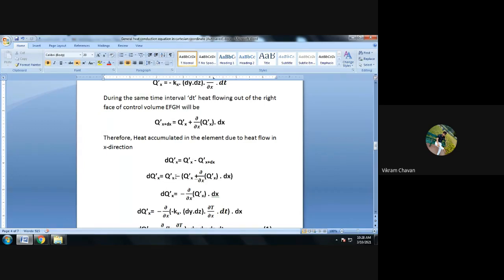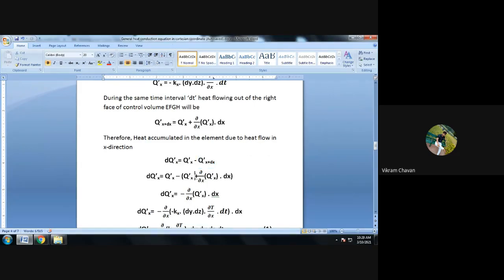We proceed further in this derivation in this manner. We keep q dash x as it is. What is the equation for q dash suffix x plus dx? It is q dash suffix x plus dabba of q dash x with respect to dabba x multiply by dx. That value we put in place of q dash suffix x plus dx.